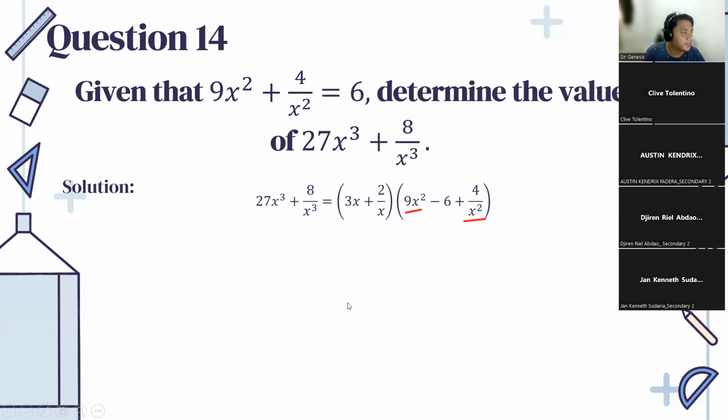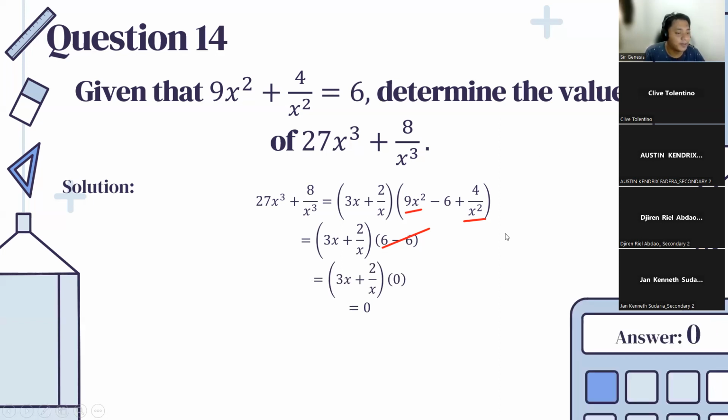So if we substitute 6 there, that will just be 3x plus 2 over x multiplied by 6 minus 6, which will give us, this becomes 0. So if that is 0, then the product will be 0. So the answer for number 14 is 0.